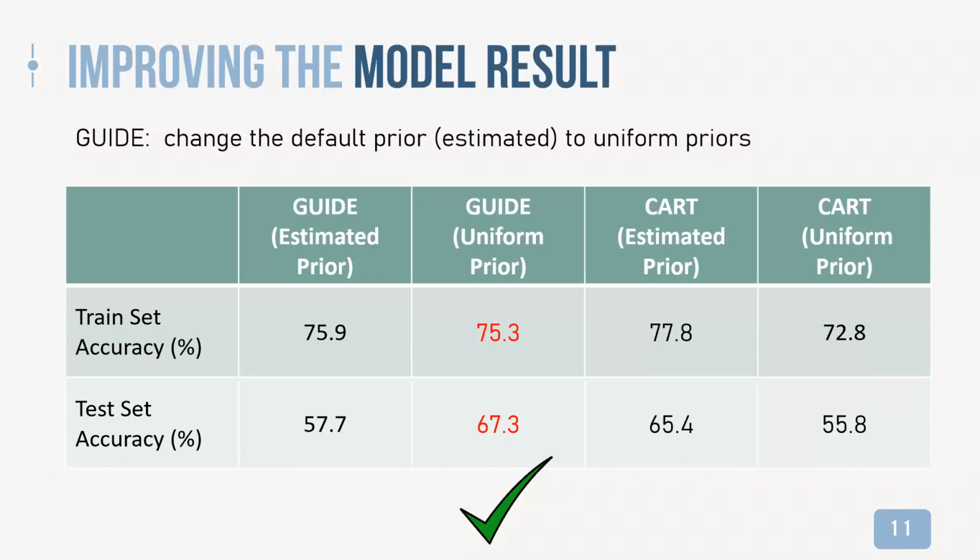So using the estimated prior is a bit dangerous unless you really have random sampling. But most of the time when you deal with data mining, you cannot assume your data is randomly obtained, because it's most probably observational. That's why it may be safer to go by the uniform prior, which basically says you are treating every class as the same. And this seems to give better results for GUIDE.